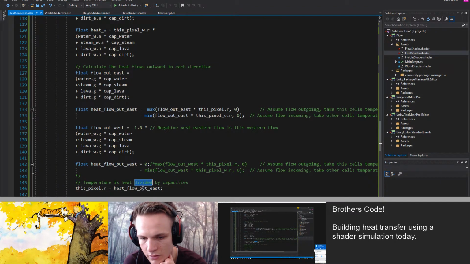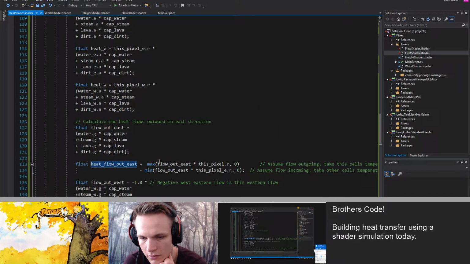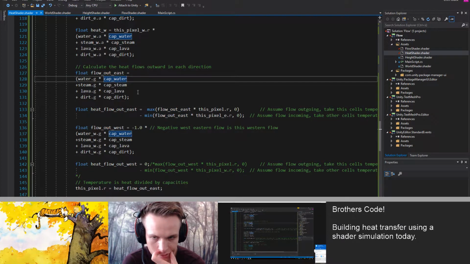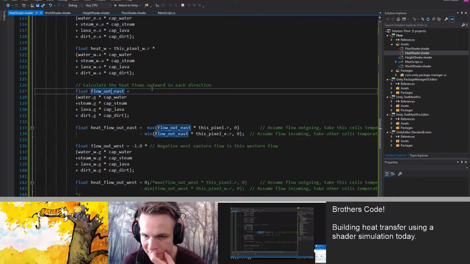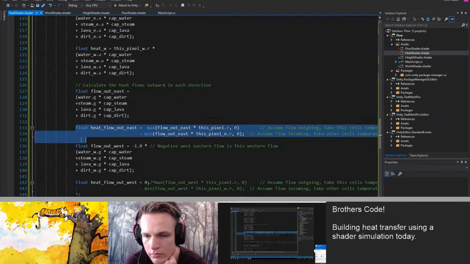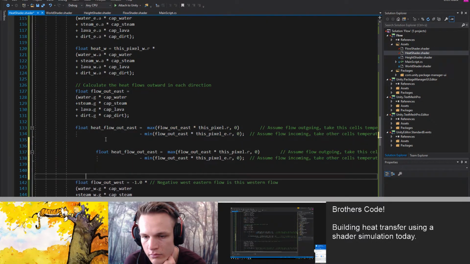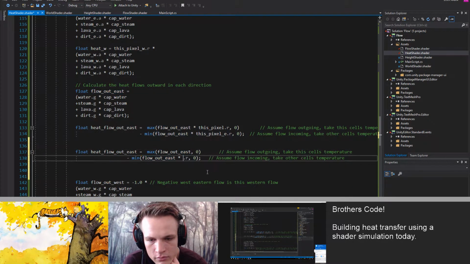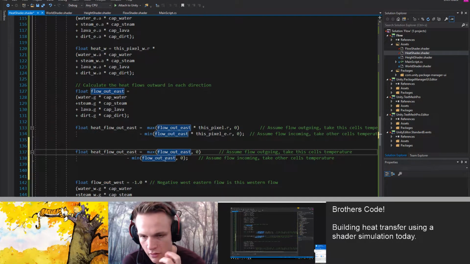No, I don't actually. Wait, no, you're computing that. Flow out east. Yes, I don't want those. I just want to see if it can calculate the eastern flow at all.